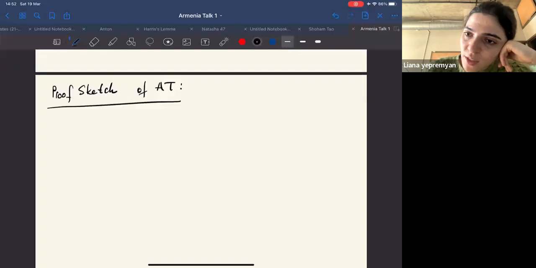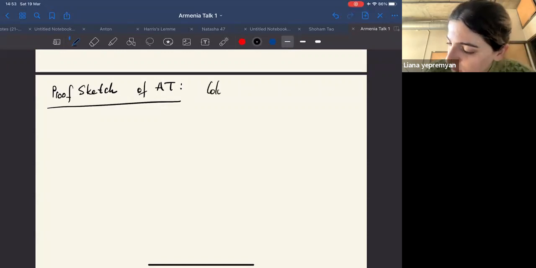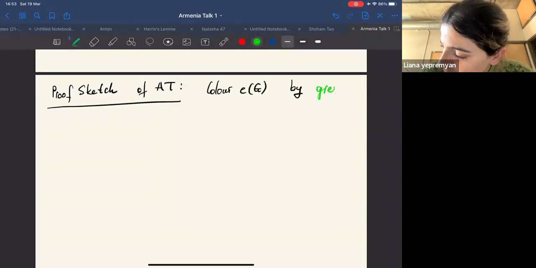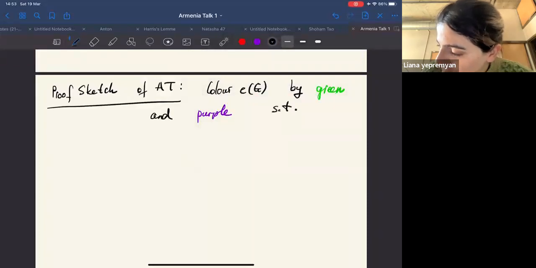So let's first color our graph by Thomason's result, say green and purple, such that, what did we know?